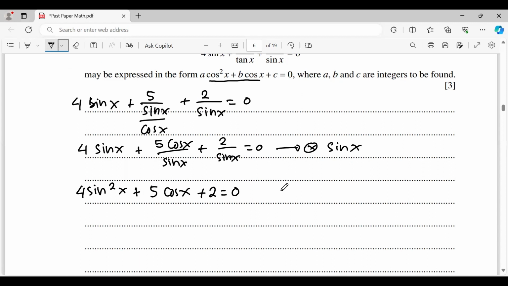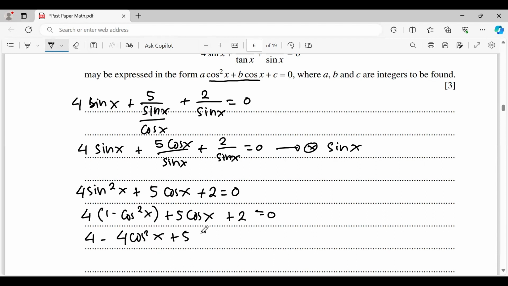Then, wait, no. There is still cosine x in it, so I'm going to change sine squared x to 1 minus cosine squared x. It's going to be 4 minus 4 cosine squared x plus 5 cos x plus 2 equals 0.